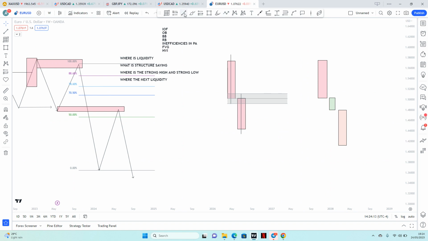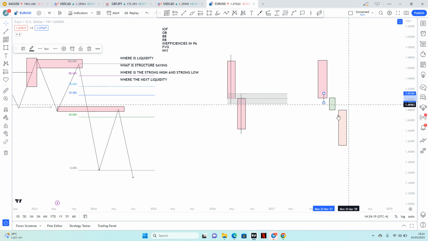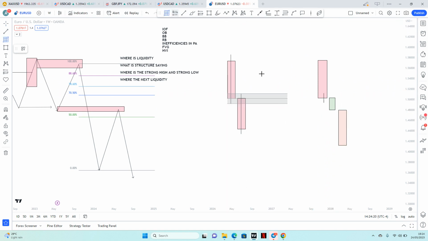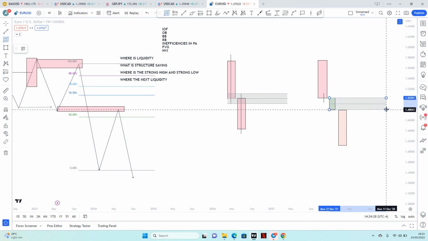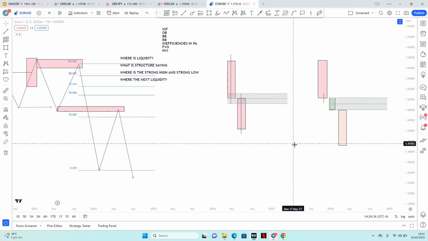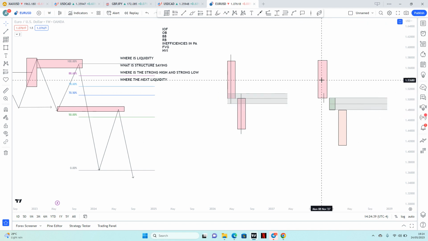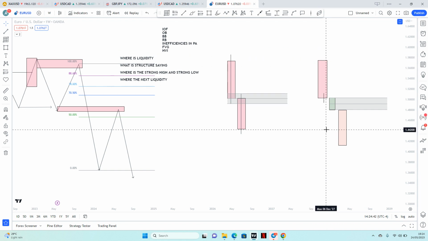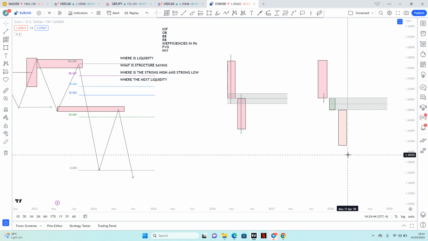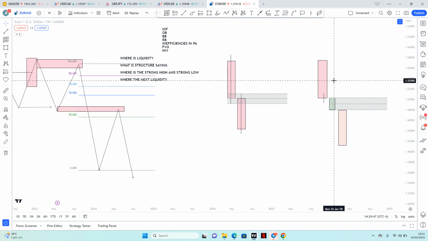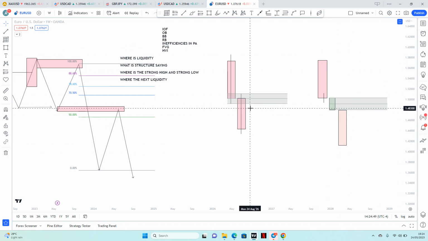Of course, they will all have wicks. Now, this particular candle right here is also called a high volume imbalance. If you studied SND, this is exactly what we call a drop base drop. So, this is the second form of high volume imbalance.